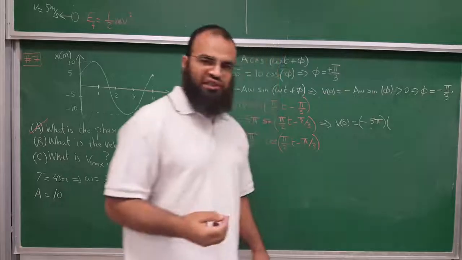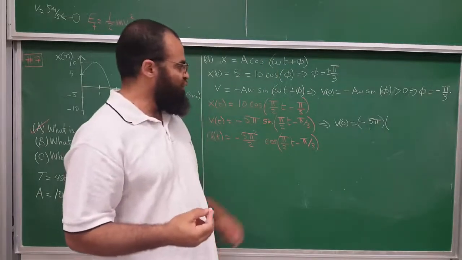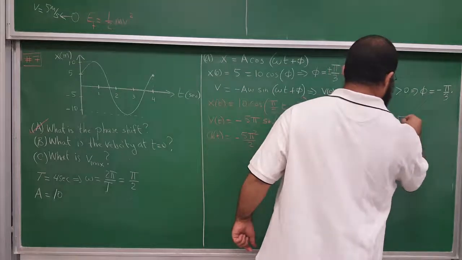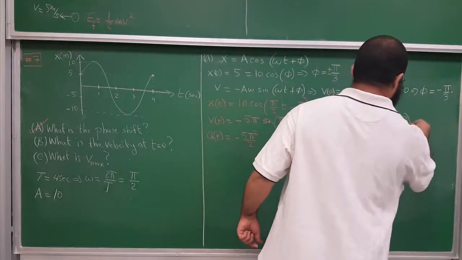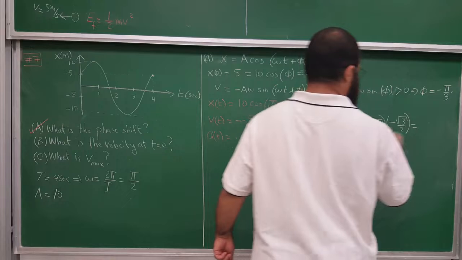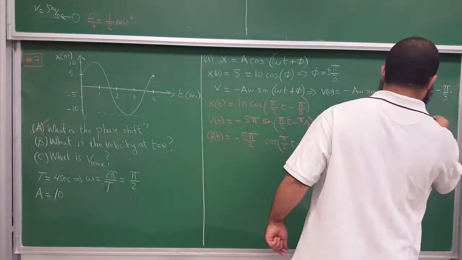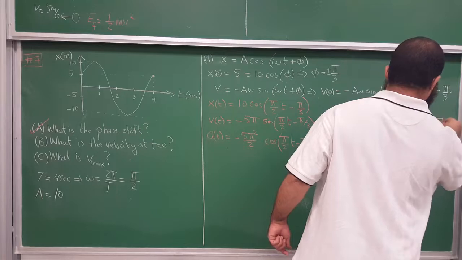The sine of 60 degrees will be radical 3 over 2, but it's negative, so it will be negative square root of 3 over 2, and you get a positive 5 over 2 pi times radical 3.